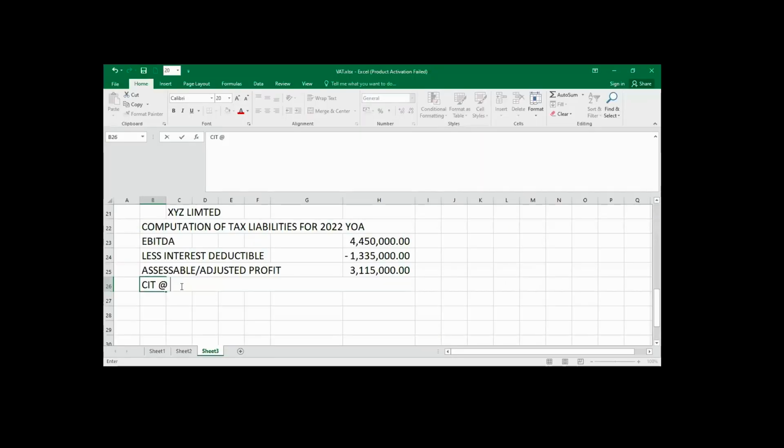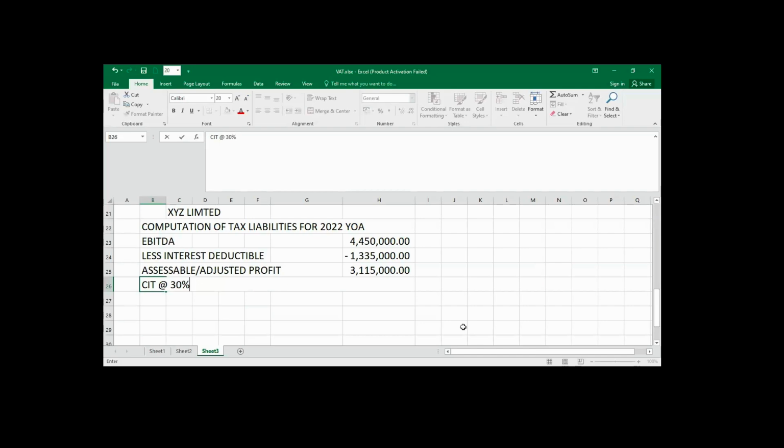So our CIT will now be 30% of total profit. Because we don't have loss, when you get your assessable profit, in that format I gave us, after we got our assessable profit, when we deducted loss, when we added balancing charge, when we deducted capital allowance, the resulting figure gave us total or taxable profit.